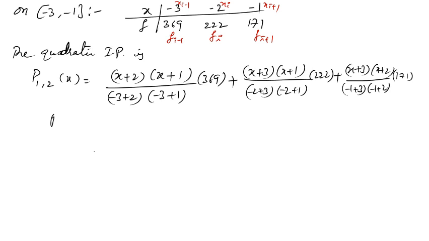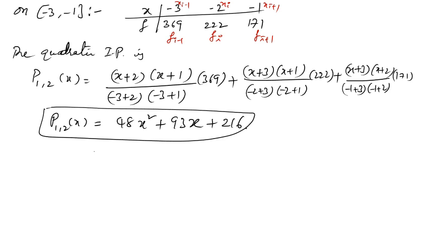After simplification, p1 of x equals 48 x square plus 93 x plus 216. This is the first polynomial.